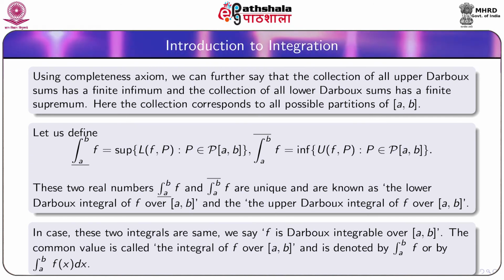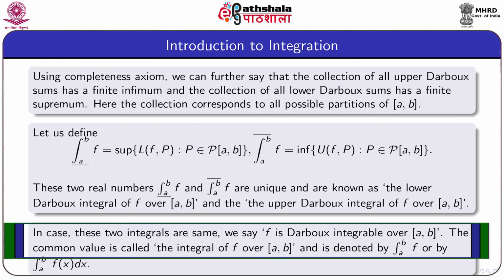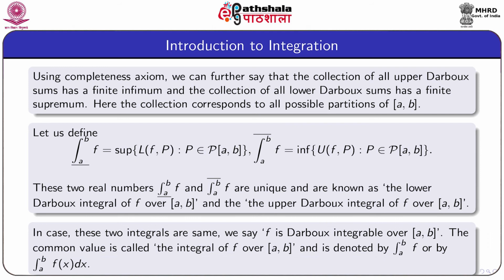They are known as the lower Darboux integral of f over [a,b] and the upper Darboux integral of f over [a,b]. In case these two integrals are the same, we say f is Darboux integrable over [a,b]. The common value is called the integral of f over [a,b] and it is denoted by the integral from a to b of f, or by the integral from a to b of f(x) dx.